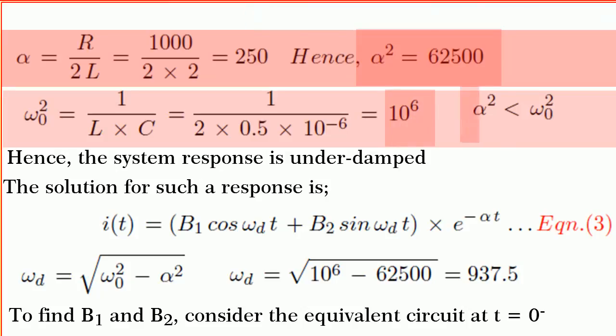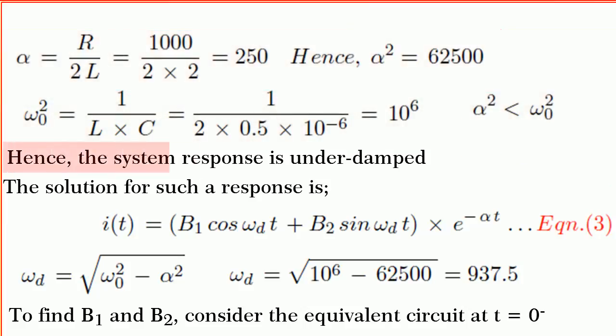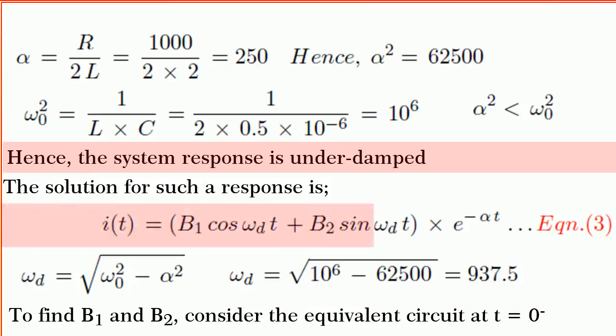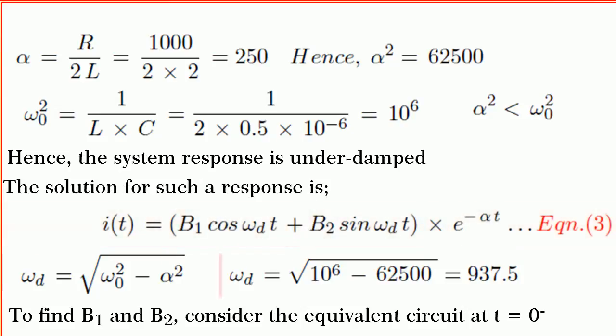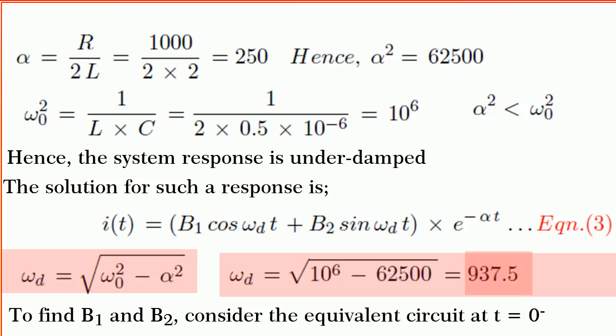So, we see that alpha square is less than omega naught square, which means the system response is underdamped, whose solution is given by i(t) = b1 cos(omega d t) e^(-alpha t) + b2 sin(omega d t) e^(-alpha t), where omega d is equal to the square root of omega naught square minus alpha square, which will give us 937.5.